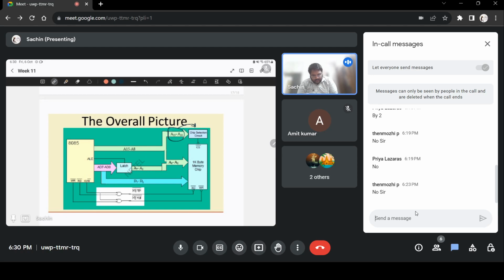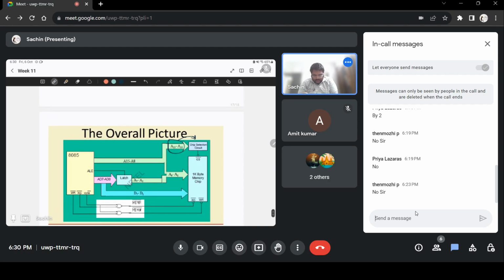So they will use some combinational circuit. In the question in the assignment, they are A15, A14, and A13, and the combinational logic they are using is A15, A14, A13 complement, and if this signal goes high, then the memory chip will be selected. If that signal goes low, then the memory chip won't be selected.